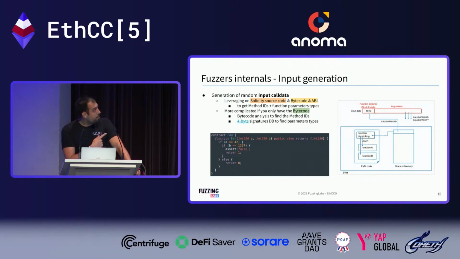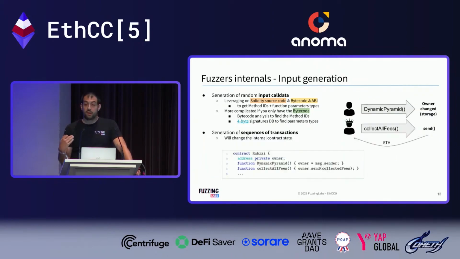So as you can see in this example, if we want to trigger the assert, we will need to generate the proper value for A and the proper value for B. That's typically something that the fuzzer will be really efficient at, and we will be able to generate pretty easily.